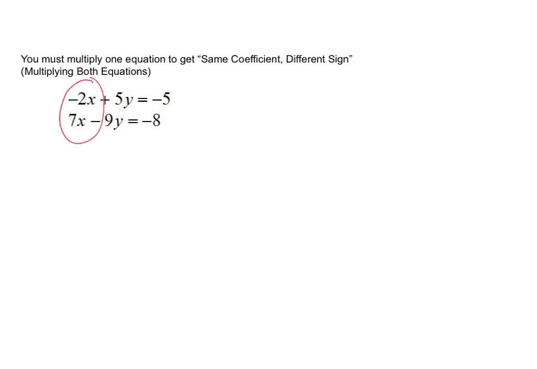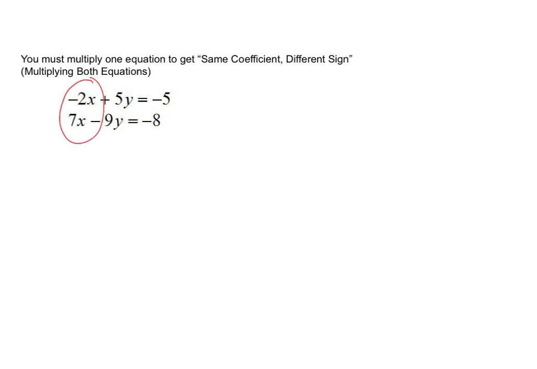Because I have negative 2x and a positive 7x, I know that I can actually multiply. I need to find the least common multiple, which is basically a number that I can multiply these two numbers by to turn into that number.